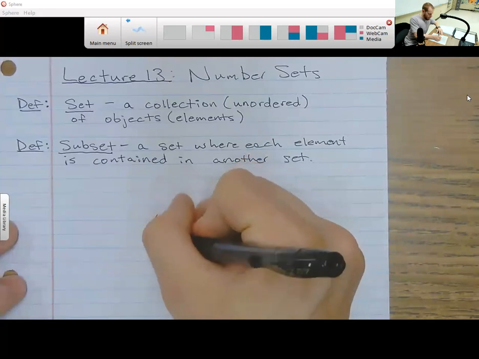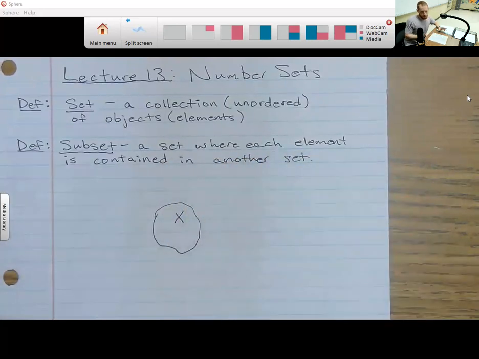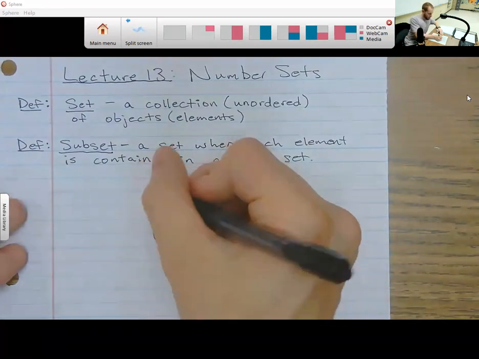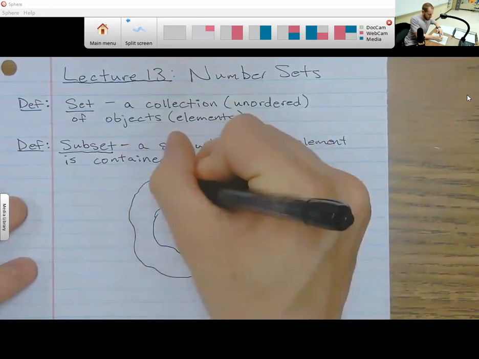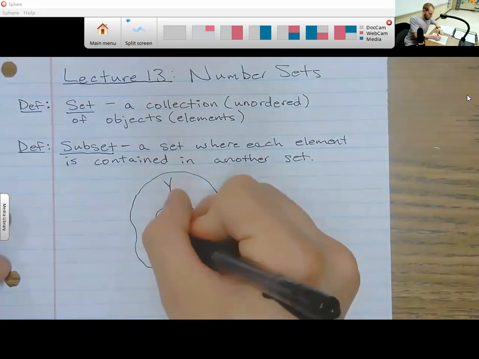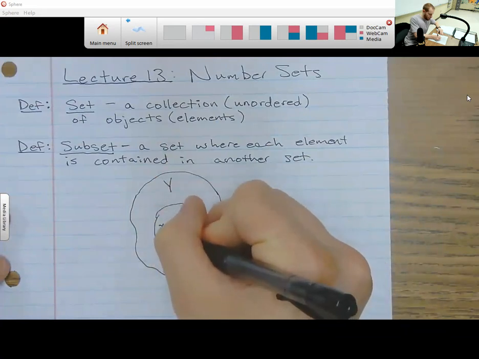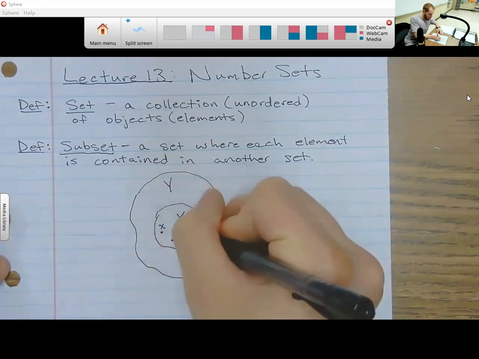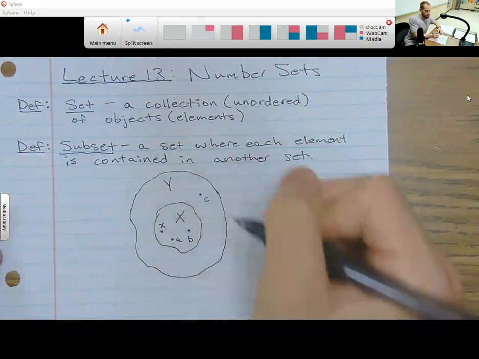So imagine there is a set X, capital X, and imagine there's another set which contains set X. We'll call it set Y. Notice that every single element in X, whether it's an element little x or an element A or an element B, and I'll put element C right here.